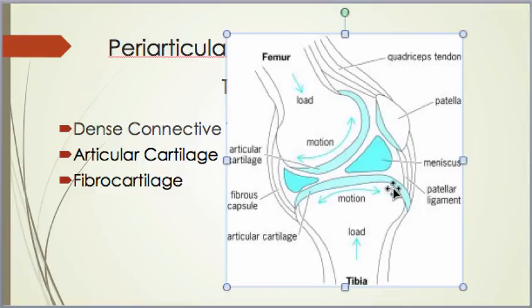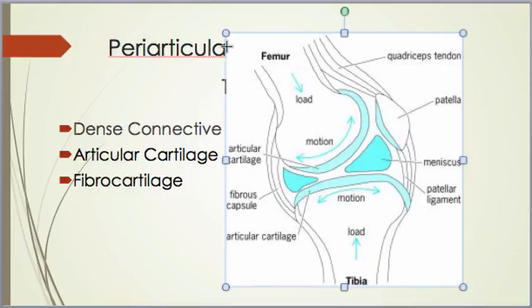We have articular cartilage, which of course is at the end of the long bones that make up our diarthrotic joints. And then we have our fibrocartilage, which in this instance in the knee are the meniscus. Or it could be the disc material in the lumbar or cervical thoracic spine, or labral material in the shoulder and the hip complex.